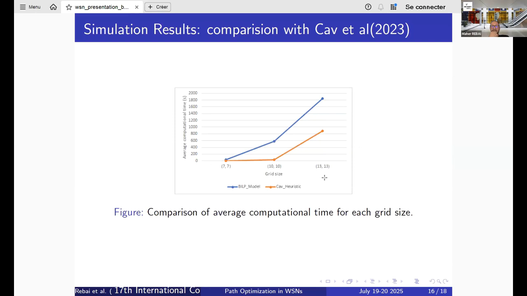Regarding the computational time, we can observe that when the grid size is small, the gap between the two methods is very small. However, when the grid size increases, the literature approach computational time is better, and the gap between the two approaches increases.